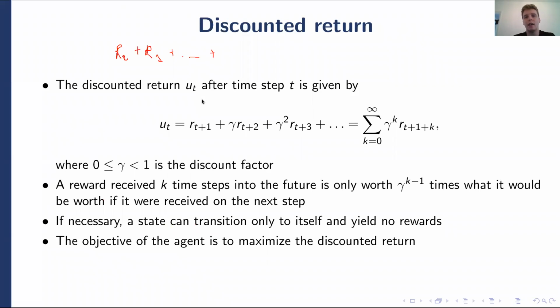So let's define the discounted return after a time step t as the sum of rewards that are observed after that time step. However, let's also suppose that each of these reward terms is scaled by a constant gamma, and gamma will be a number between 0 and 1, but that will always be below 1.